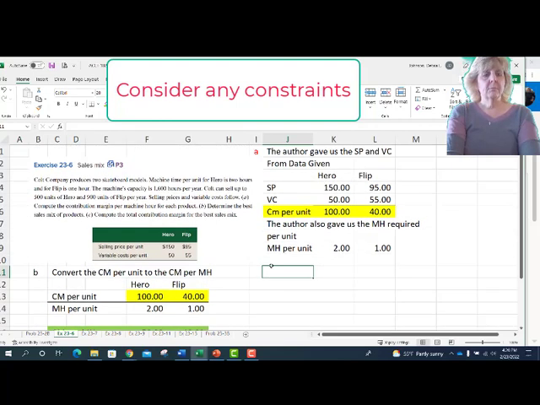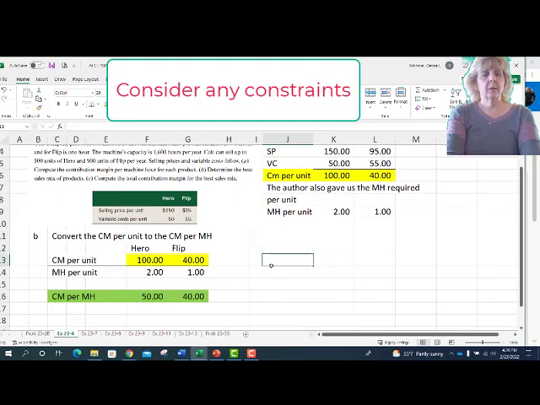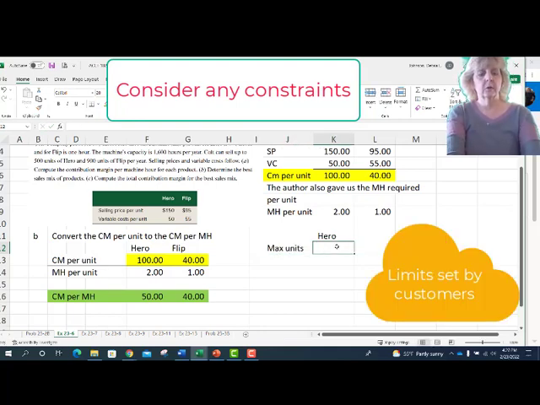If we make as many as our customers will buy of the Hero, whoops, let me click that. Let's focus on the Hero. The maximum number of units that Hero would be able to be sold to our customers, they said, was 500 units.